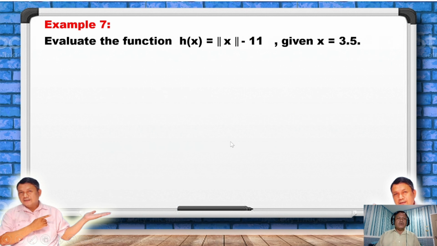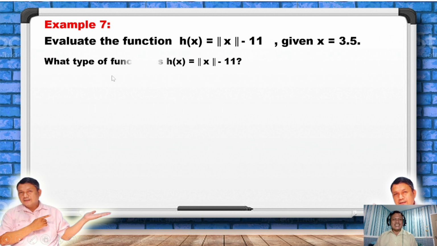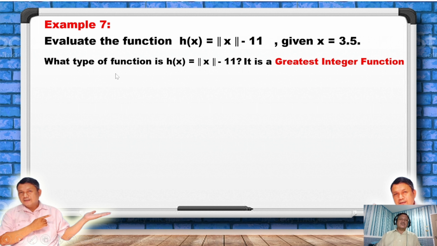For number 7, we have evaluate the function h of x is equal to, okay, again, what kind of function is this? Okay, exactly. So this is an example of a greatest integer function or GIF. Paano natin matatandaan? Ulitin ko po, ito po ay separated, yung number or variable ay separated by yung dalawang parallel lines.